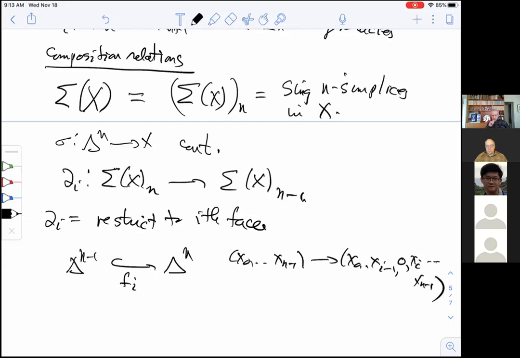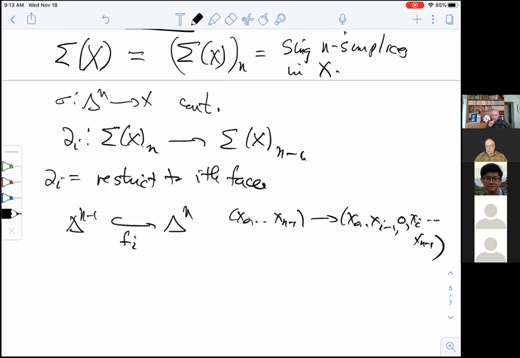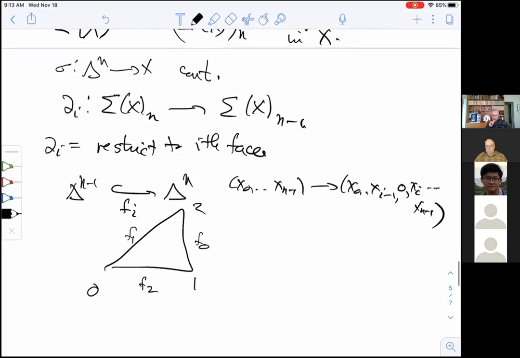And here we have n plus 1 numbers adding up to 1. The standard ith face, right? 0, 1, 2. Here's the second face. Here's the 0th face. Here's the first face.